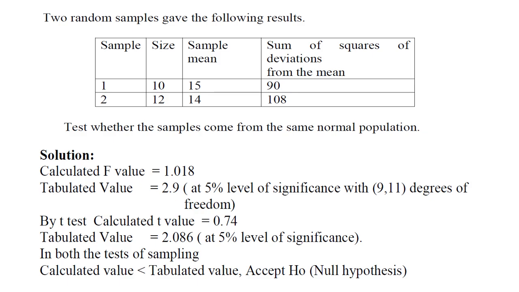By t-test, the calculated t-value is going to be 0.74 and the tabulated value is going to be 2.086 at 5% level of significance. So since both in F-test and t-test, the calculated value is less than the tabulated value, therefore we accept the null hypothesis.